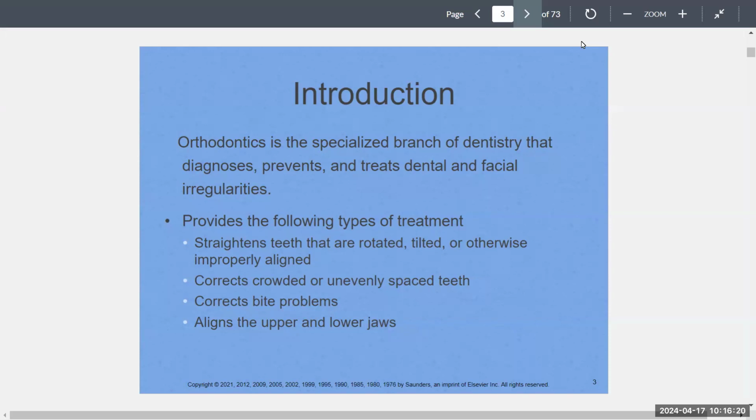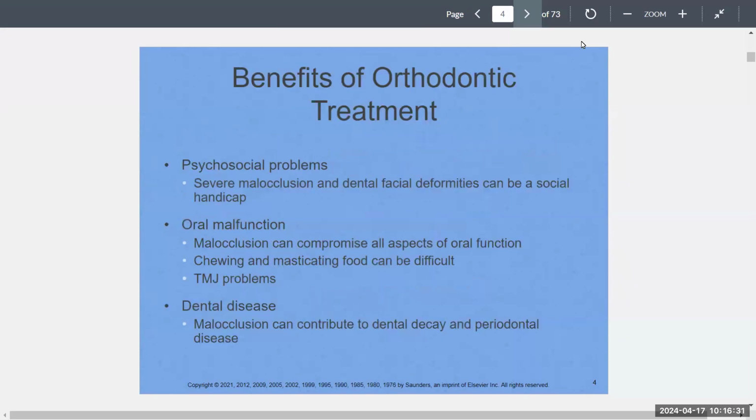A lot of people think it's just about straightening teeth, but they're forgetting it's also jaw issues or bite problems. So there are a lot of issues involved when it comes to orthodontics and fixing them.